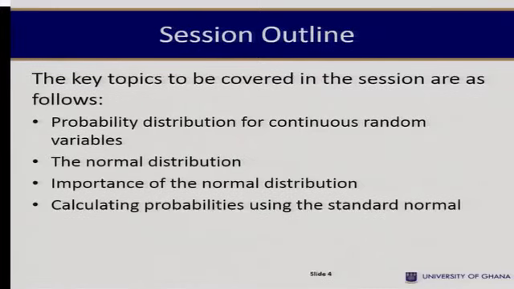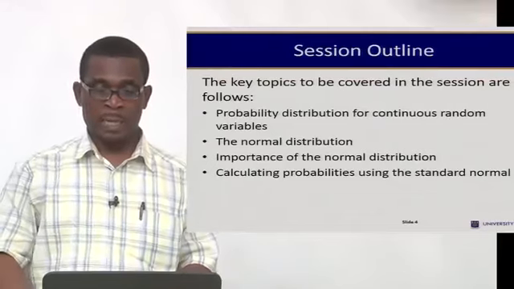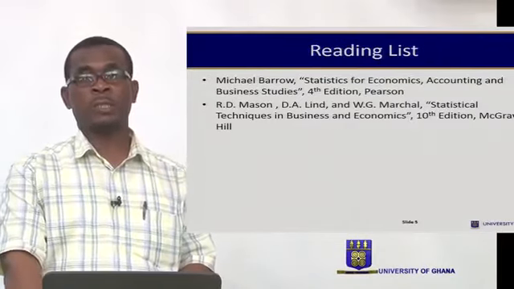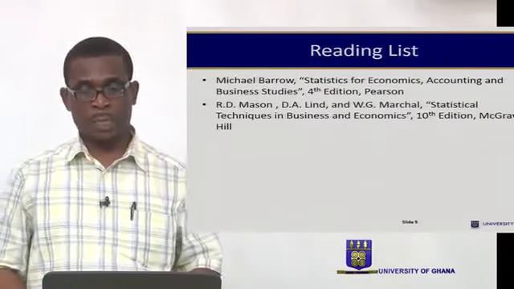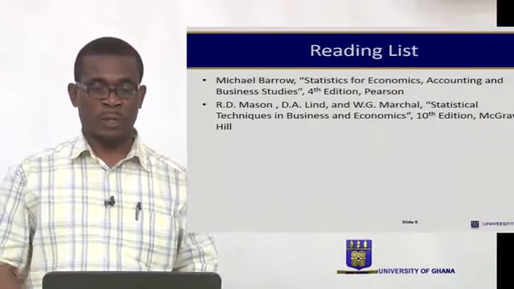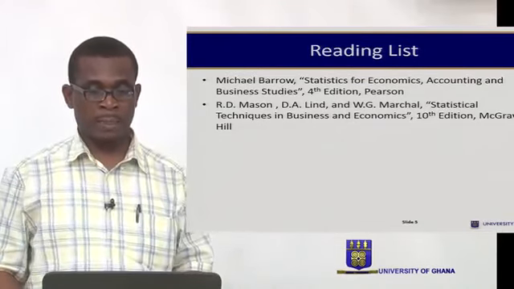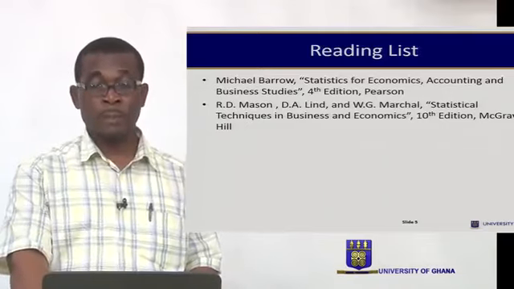We'll start first by looking at probability distributions in the continuous sense, and then talk about the normal distribution, the importance of the normal distribution, and then illustrate how we can calculate probabilities using the standard normal. As usual, these are your reference text: Michael Barrow, and then Mason, Lind, and Marshall.